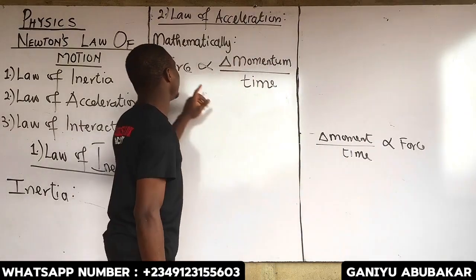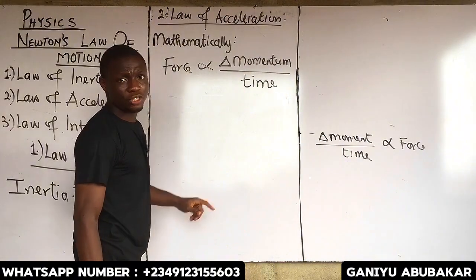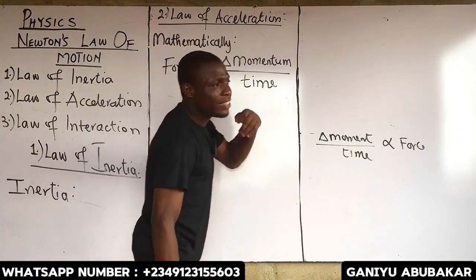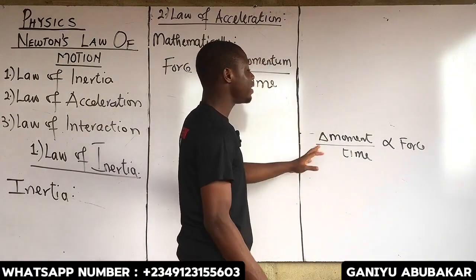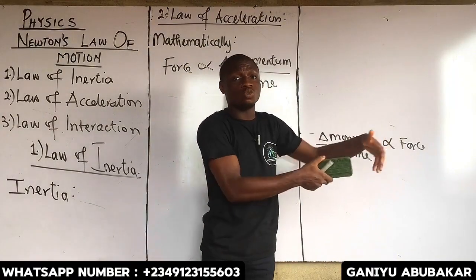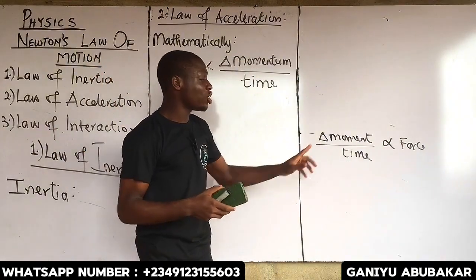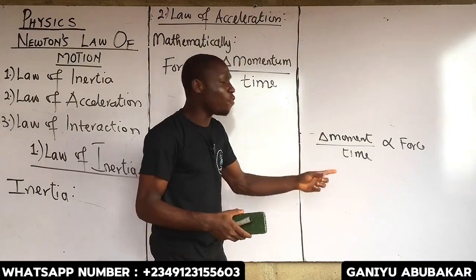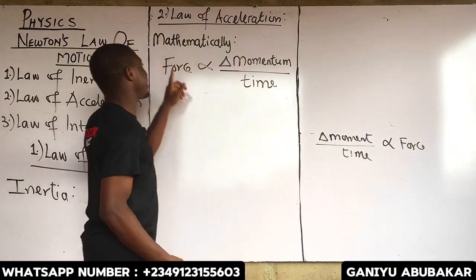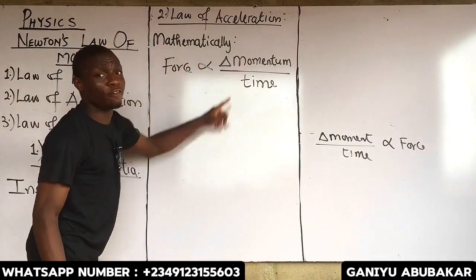So from the definition I gave you, this is how the mathematical expression should be. Why is it that I'm having force before rate of change? From my definition, I said the rate of change of momentum is in proportion to the applied force, so rate of change of momentum comes first. Why then mathematically do I have force before rate of change of momentum?